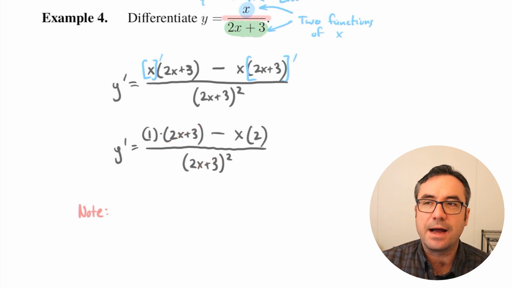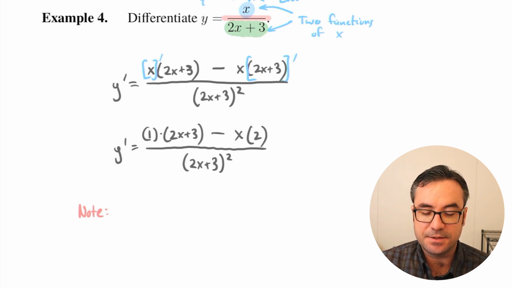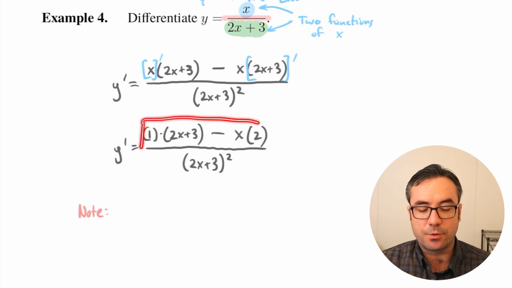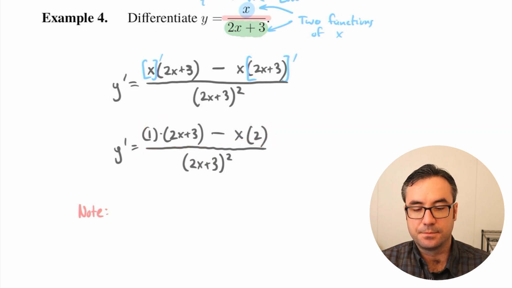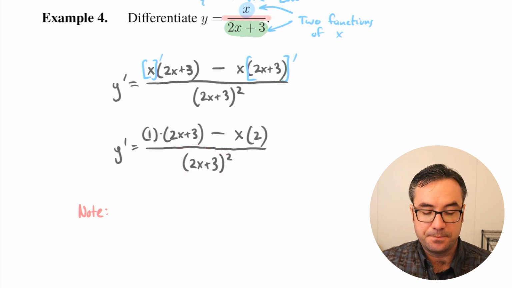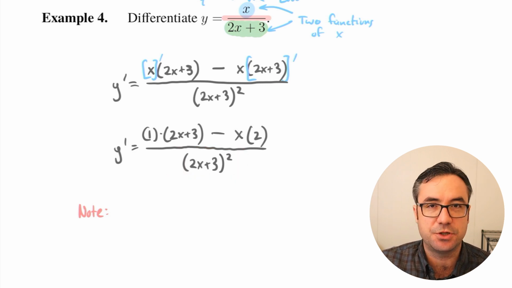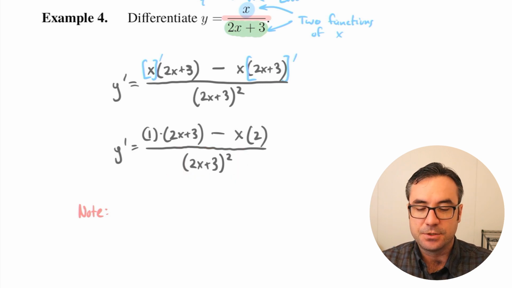Normally what we find in most cases, not all, but in a lot of cases, is it's not going to cancel off so nicely. So it's going to be very tempting. You see a 2x plus 3 right here, 2x plus 3 down here. Let's get rid of them. Can't do it. Instead, we've got to work with the numerator first. And actually, we don't normally do anything with the denominator. Usually it's a good idea: don't multiply this out. Just leave it as 2x plus 3 squared. So just a few notes.